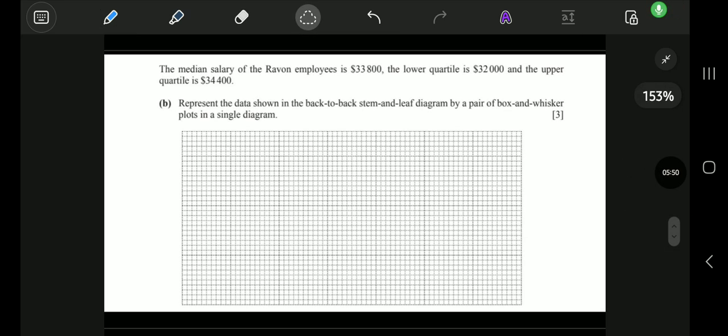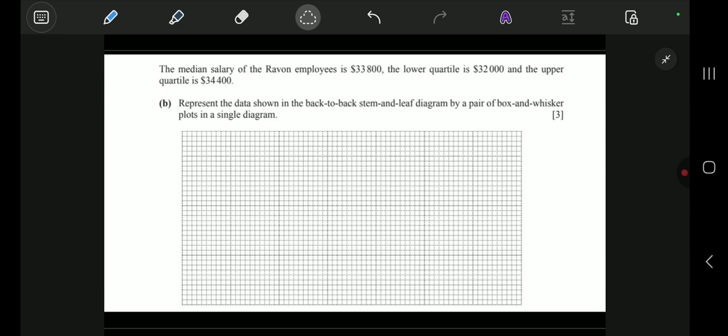Now we have part B to this question as well, and that says the median salary of the Revon company employees is 33,800, lower quartile 32,000, upper quartile 34,400, and we need to represent the data shown in the back-to-back stem and leaf diagram by a pair of box and whisker plots.